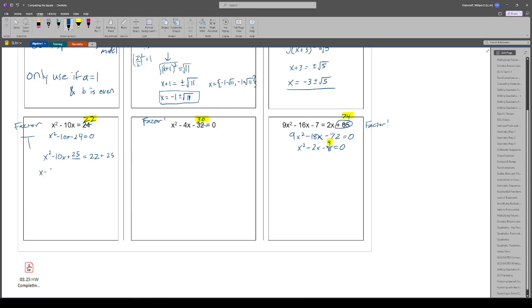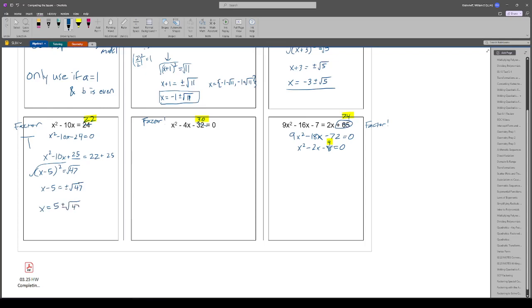So then we have x minus 5 squared is equal to 47. We square root both sides, and we get x minus 5 equals plus or minus root 47. Then we add 5 to both sides, and our final answer would be x equals 5 plus or minus the square root of 47.